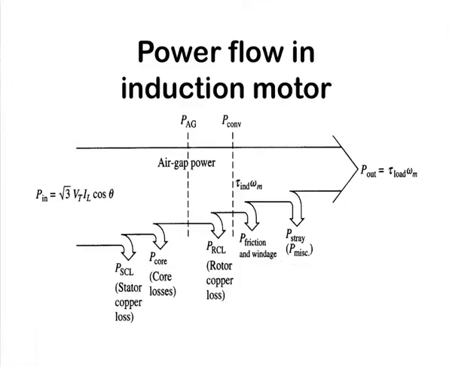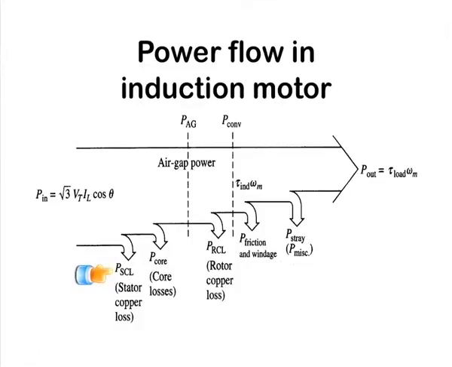How does power flow in an induction motor? We supply a 3-phase supply to the stator winding. So, this is the input power and it is given by √3 times the terminal voltage, line current and cos of theta, where theta is the phase difference between the terminal voltage and the line current. Now, this power goes to the stator winding.